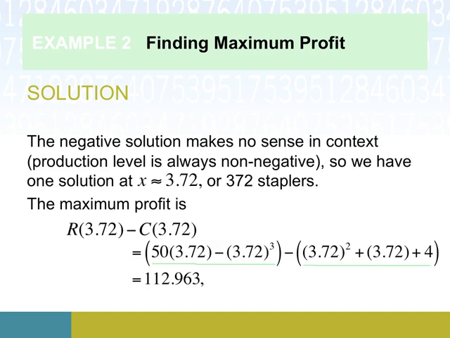Units on this, well, cost was in hundreds of dollars when we're all done. And then revenue ends up being that way as well, because we'd have x hundred staplers times p of x, and so our units on this would be hundreds of dollars. So if we shift everybody over 2 spots, then we're at 112.96, so $11,296.30.